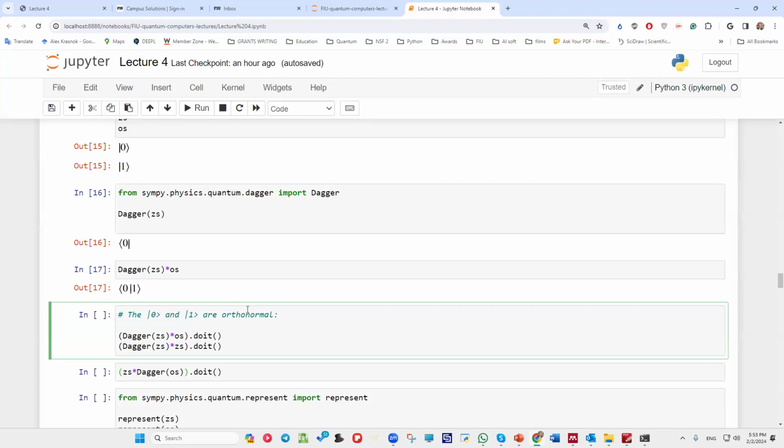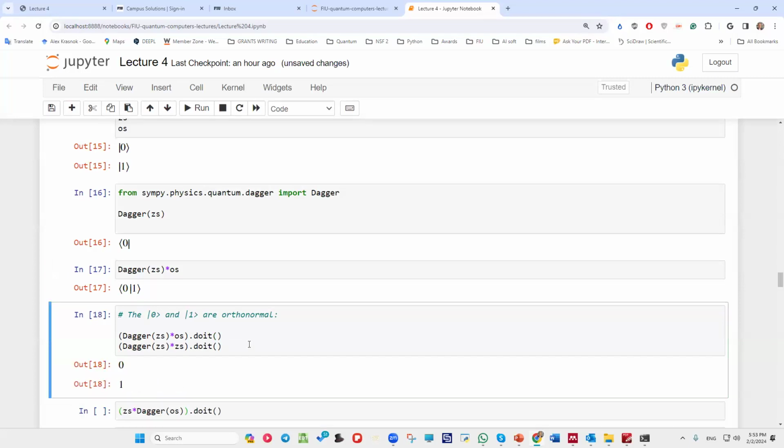How do I enforce this code to do so? I just write doit. So I put this product here in the parentheses, and then write doit, and this method enforces Python to compute this inner product here, and the result is, of course, 0.